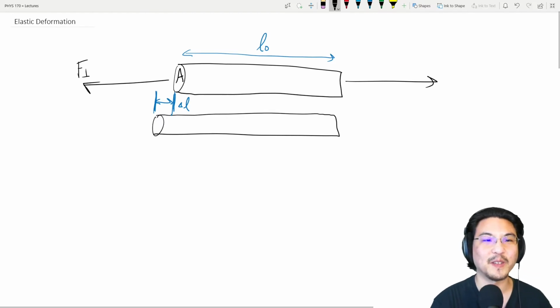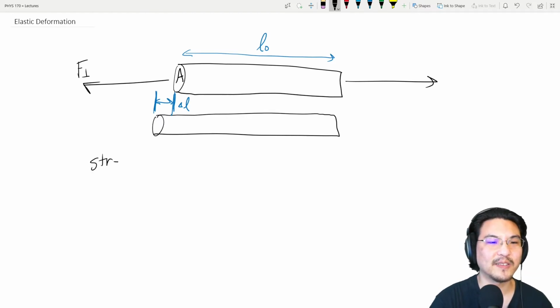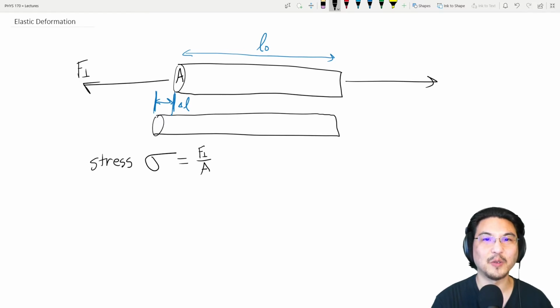Okay, so here are some definitions. Stress, I'll give it Greek letter sigma. Stress is this force divided by this area. Force over area. So then the units are newtons per square meter, but we name that after somebody.